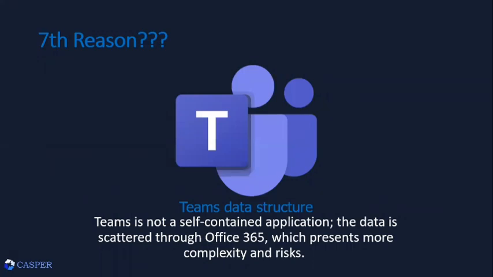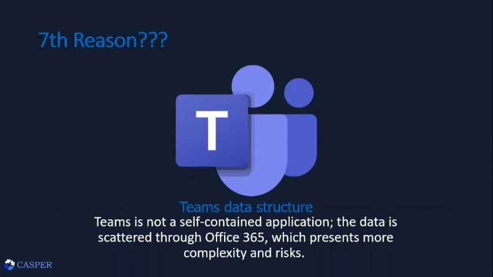A seventh reason has to do with Microsoft Teams. I'm sure a number of us will be familiar with how Microsoft Teams works and all the things that you can do with it. The truth about Microsoft Teams is the data is pretty much scattered across Office 365.